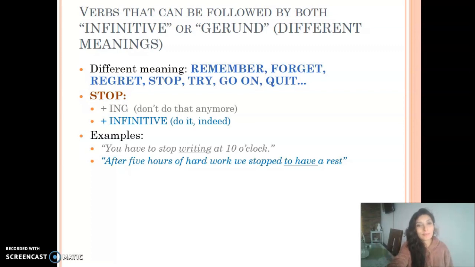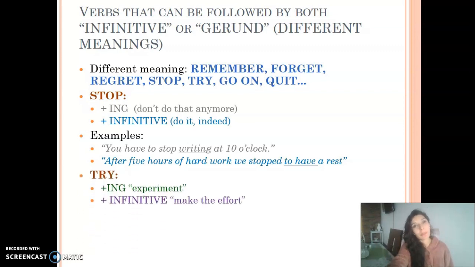So here we have another example with the verb try. When we have the gerund after the verb try, we mean that we're experimenting. And when we have an infinitive, it means that we are making the effort.